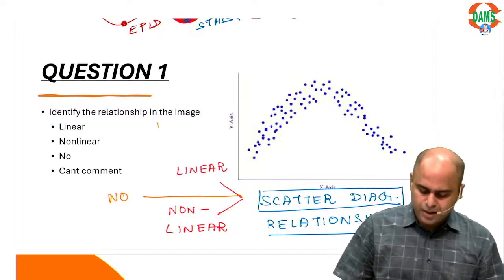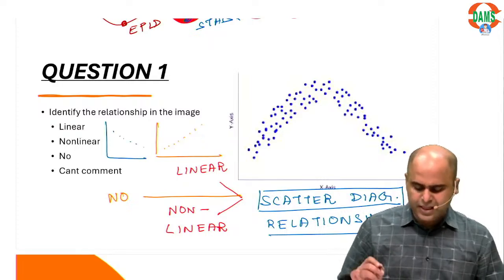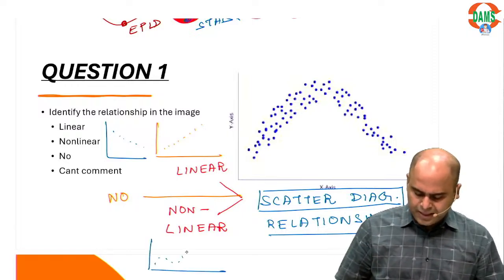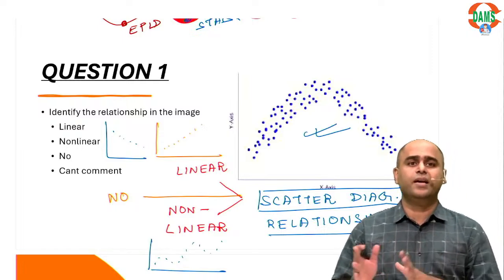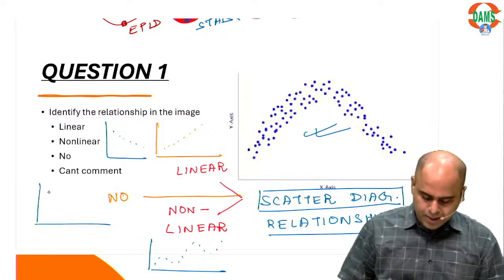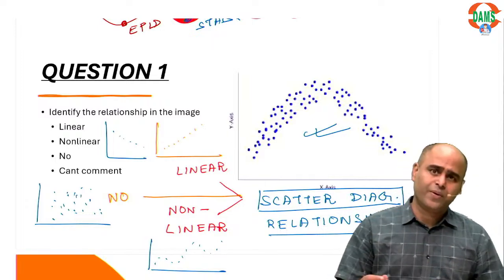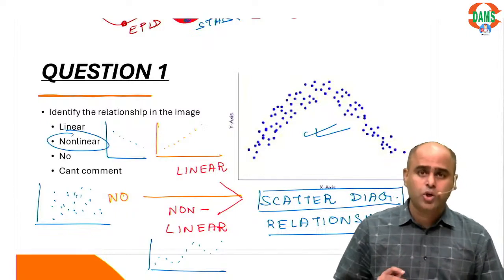Linear relationships look something like this or this. Non-linear can be any other pattern like a snake, or like this image. No relationship is haphazard, Brownian motion. This is a classic question of INICET. So this answer was non-linear.